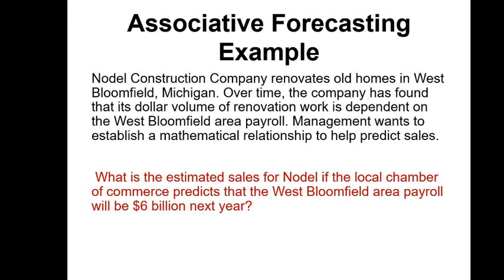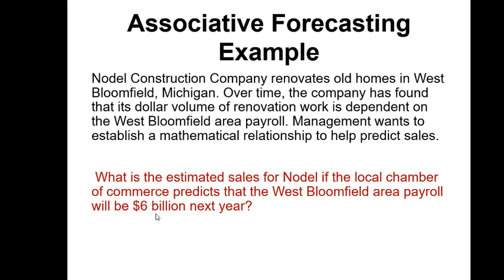And of course, Y is the sales or the demand. Now, management wants to establish a mathematical relationship, in terms of regression analysis, which is the same regression equation, y hat is equal to A plus BX. The question asks: what is the estimated sales for Nodal if the local chamber of commerce predicts that the West Bloomfield area payroll next year will be 6 billion?